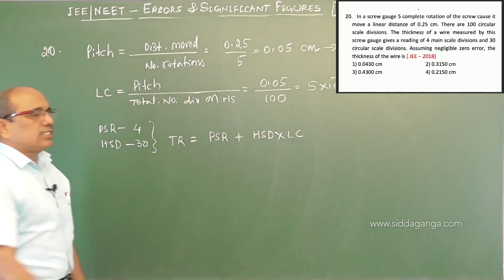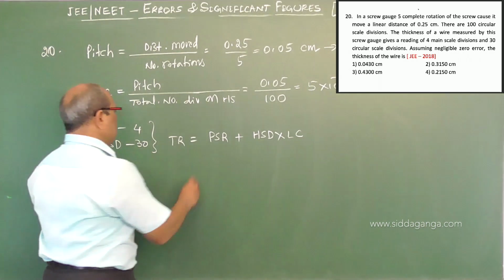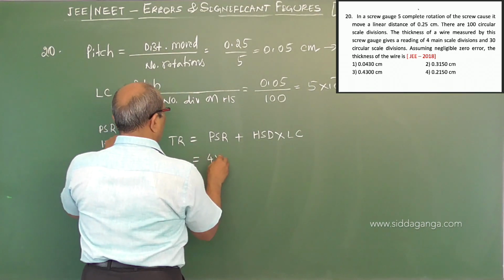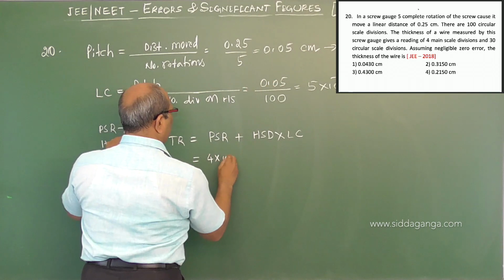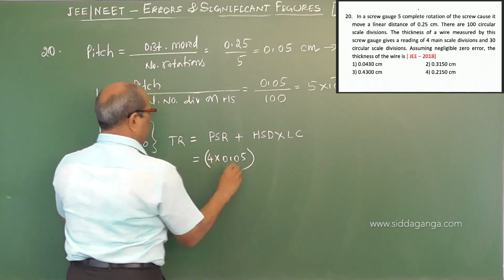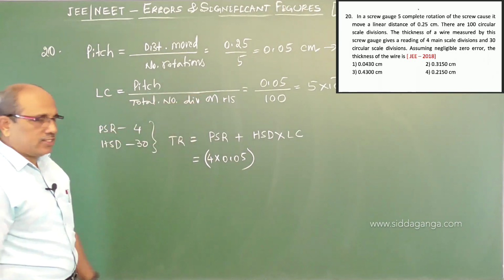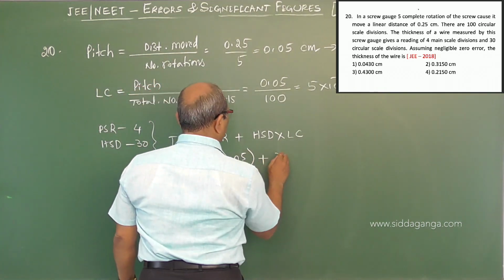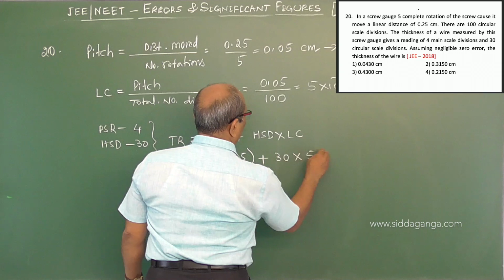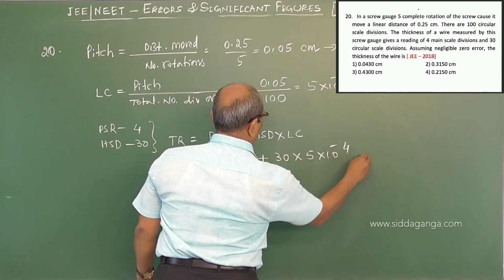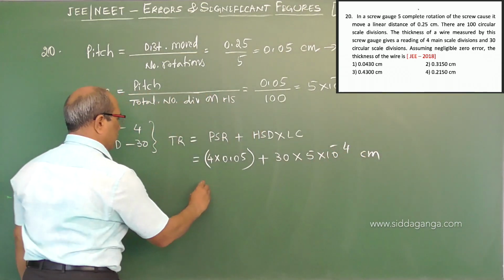Here no error is considered. Pitch scale divisions are 4 into each one is 0.05 centimeter, plus head scale divisions are 30 into least count 10 power minus 4 centimeter.